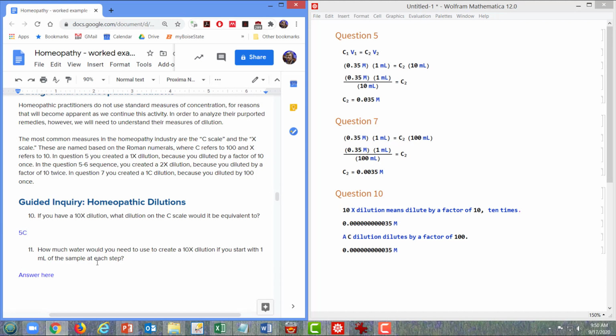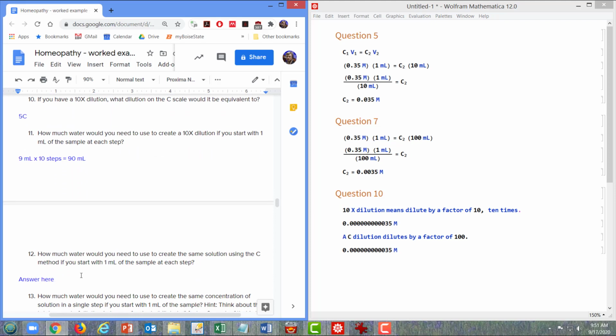How much water would you need to create a 10x dilution if you start with 1 milliliter of the sample at each step? Well, at each step you are taking 1 milliliter and you are diluting it up to 10 milliliters. So you are adding 9 at each step. So 9 milliliters times 10 steps equals 90 milliliters for the entire dilution.